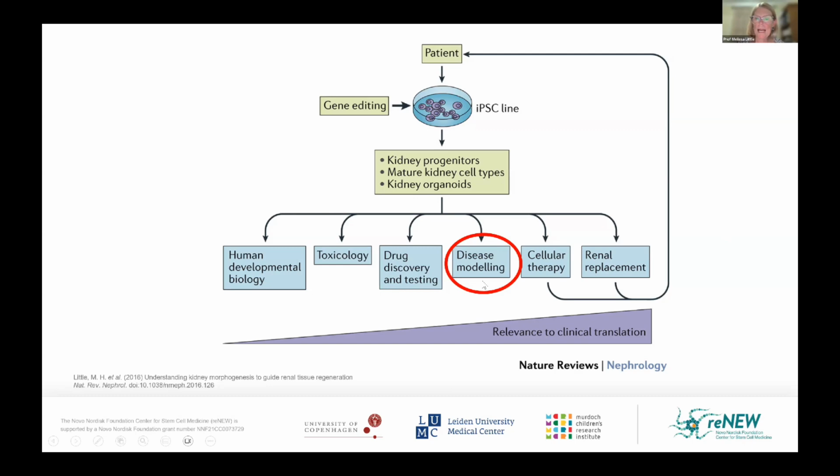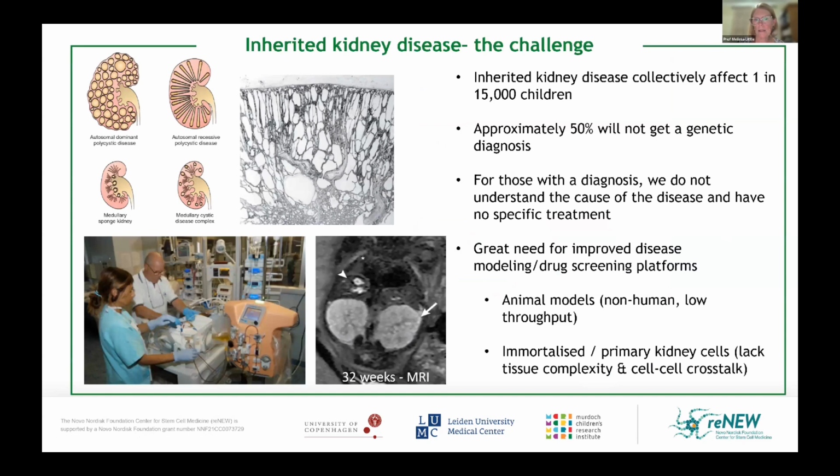What I want to focus on today is whether we can model diseases of the kidney using these. So I think this community is very well aware of what inherited kidney disease is. And of course, autosomal dominant polycystic kidney disease is one of the most common genetic diseases in man.